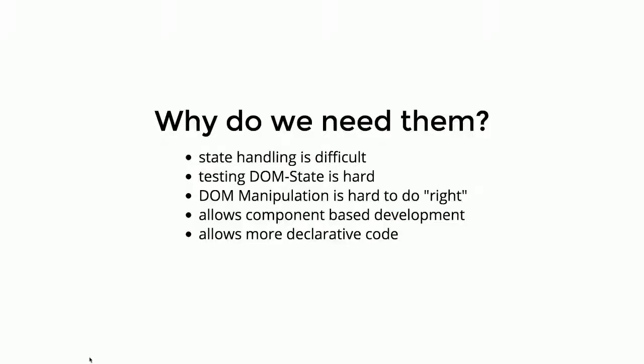Also, of course, testing DOM state is hard. If you want to have automated tests, are you familiar with automated tests? Well, it's basically very simple. If you have a calculator, you have an add function in your code. It should add 2 numbers. Of course, to test if it does the right thing, if 2 plus 3 is 5, you could always go through your user interface and type 2 plus 3 and do this manually.